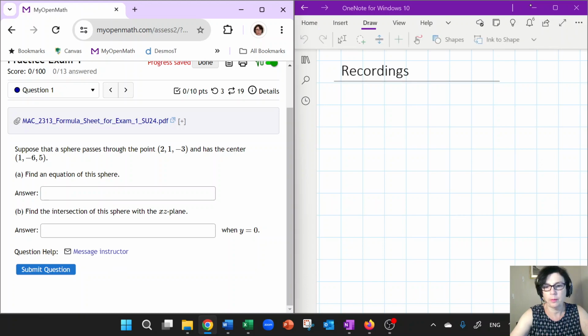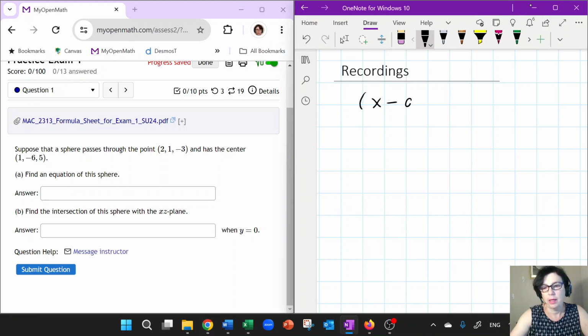And we have something like (x - a)² + (y - b)² + (z - c)² = radius squared. So (a, b, c) would be the center.